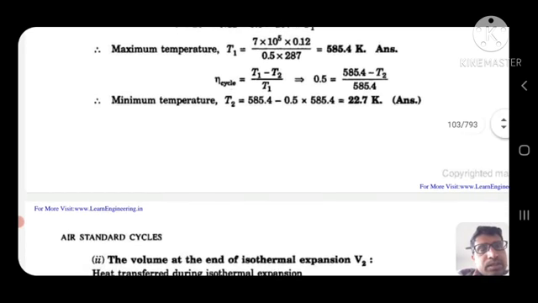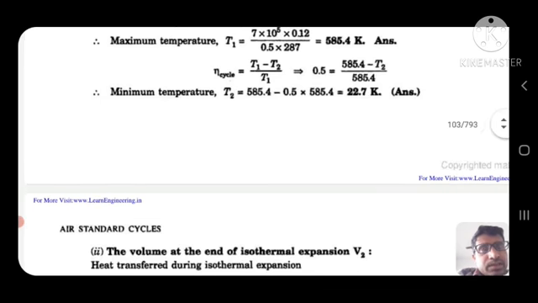Maximum temperature T1 is equal to 7 into 10 to the power 5 into 0.12 divided by 0.5 into 287, that is equal to 585.4 Kelvin.